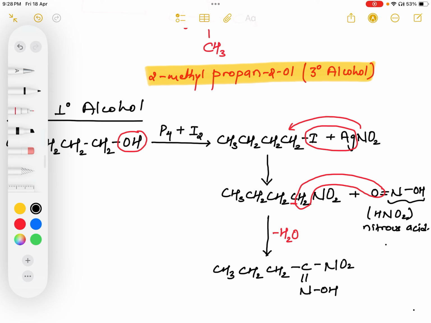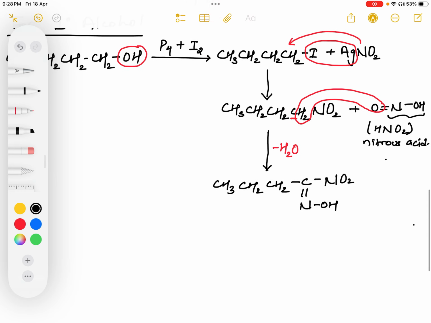So this is what we call nitrolic acid, which is further being treated with NaOH in order to give blood red coloration.